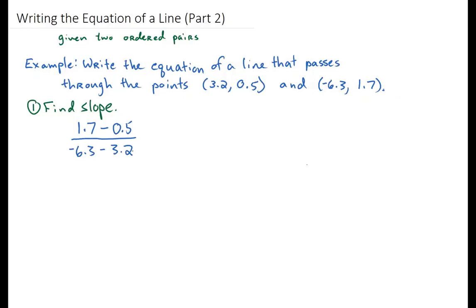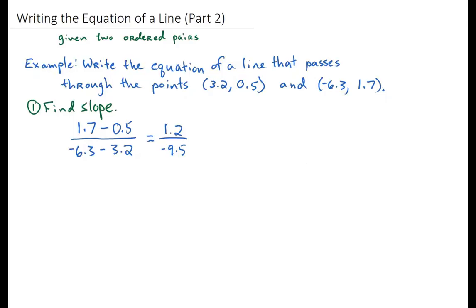And again, it doesn't matter which one goes first, but what we need is for the same ordered pair pieces to be first. If they go in the ordered pair together, they should be first in the slope formula together. Okay, so doing the math on that, we get 1.2 divided by -9.5.